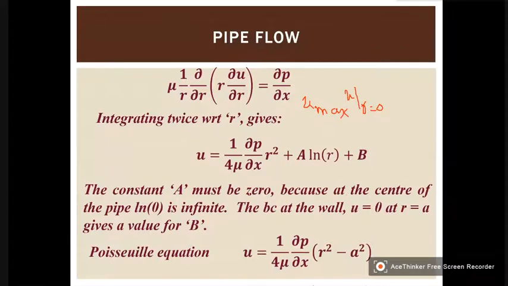So you substitute r is equal to 0. So what you are getting? Minus 1 by 4 mu dp by dx, or dou p by dx, into a square.